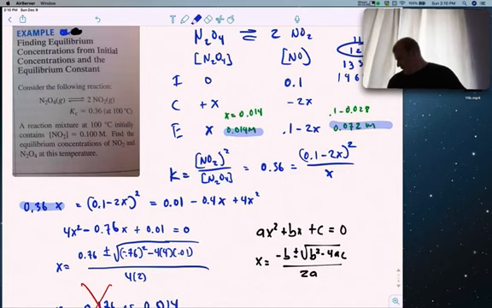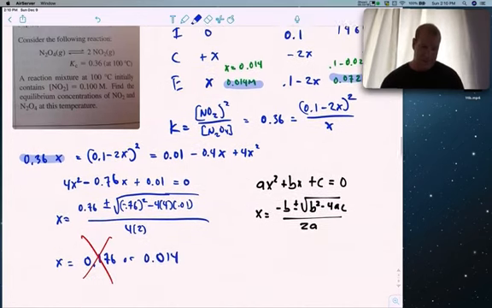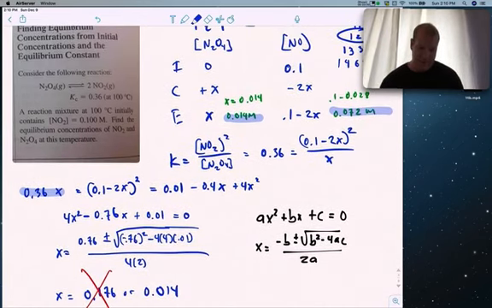So, if you want, you can check. So there's a check here. You can see if the equilibrium expression holds: does 3.6 equal 0.072 squared all over 0.014?